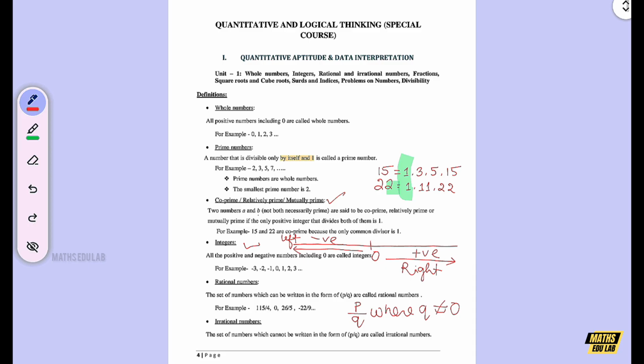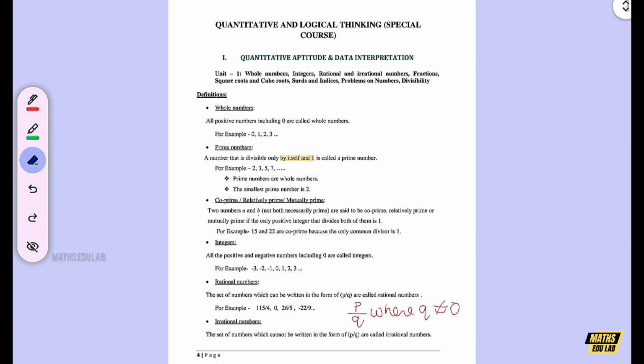Let me write an example of this. Consider 15 by 3. Here, this is in the form of p by q, and the q value is not equal to 0.